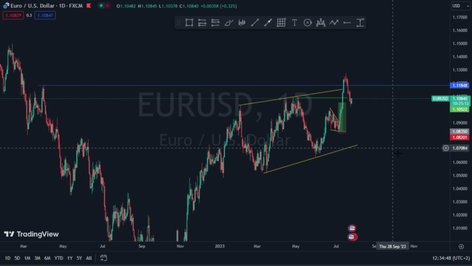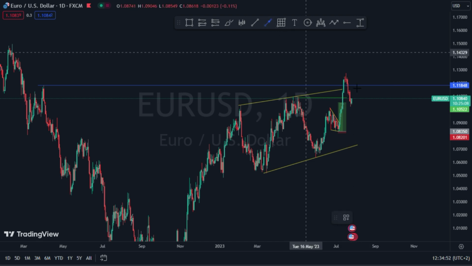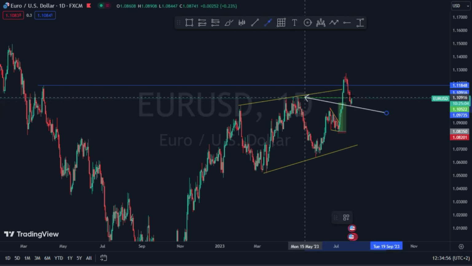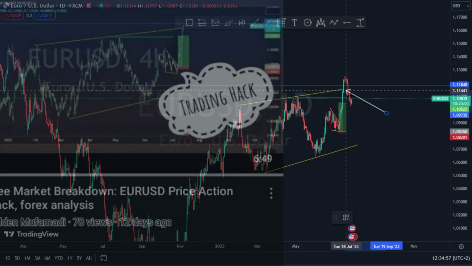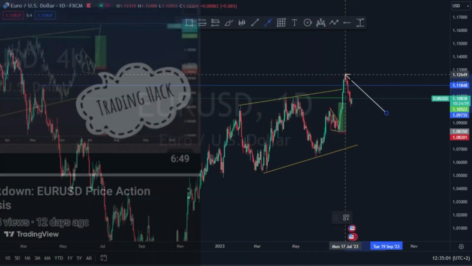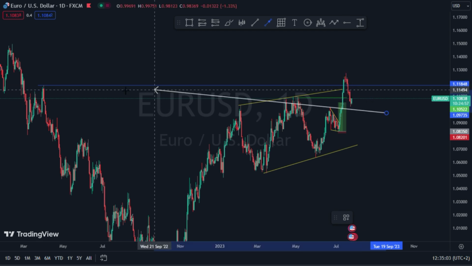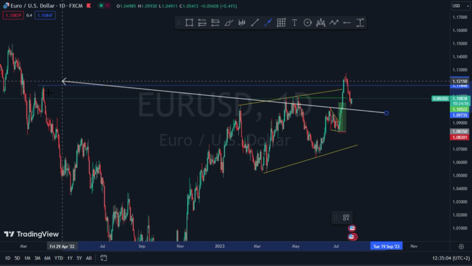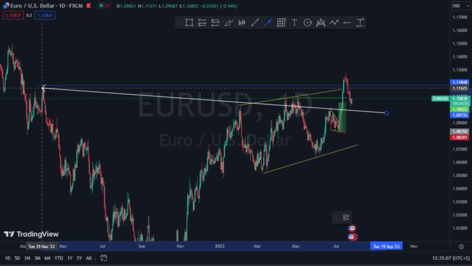If you watched my previous analysis of Euro USD, it was around these levels on the third touch of this trend line. So I did expect that this market would break out of this structure, reason being that we have this area of value when we look on our left side of the market, right?